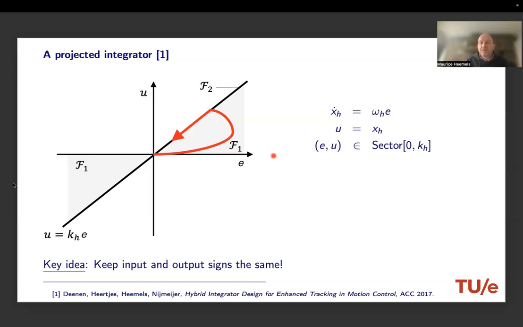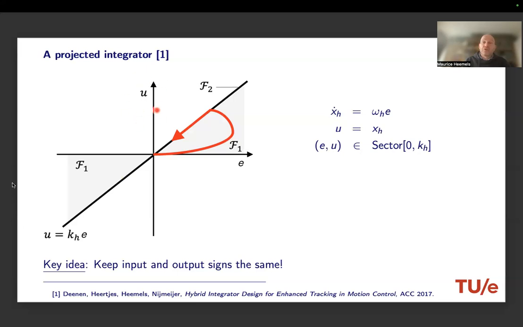That lies between the zero line and this line which has slope kh, a tuning parameter for our controller. In principle, we follow integrator dynamics, as indicated over here, but at the moment that the dynamics would drive us outside, we apply this projection. And again, we cannot change e, that's related to plant states.